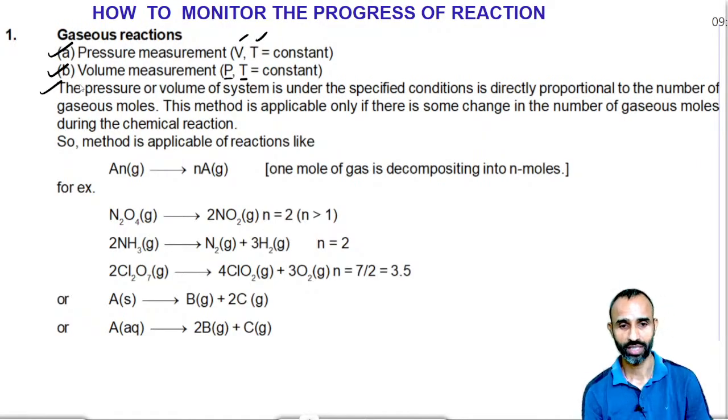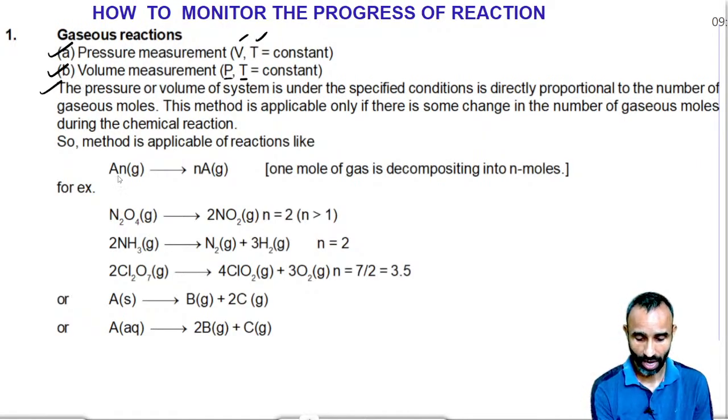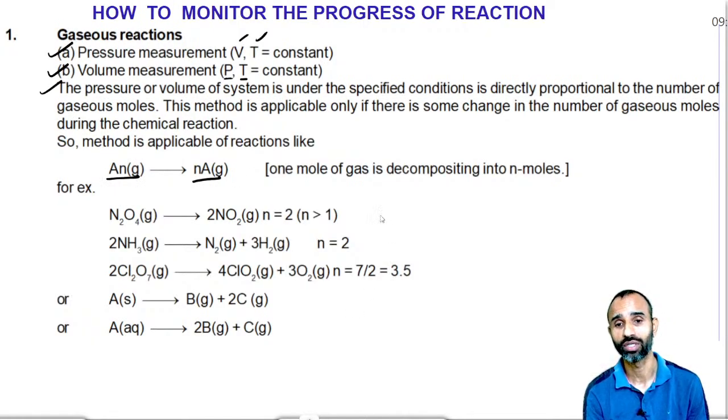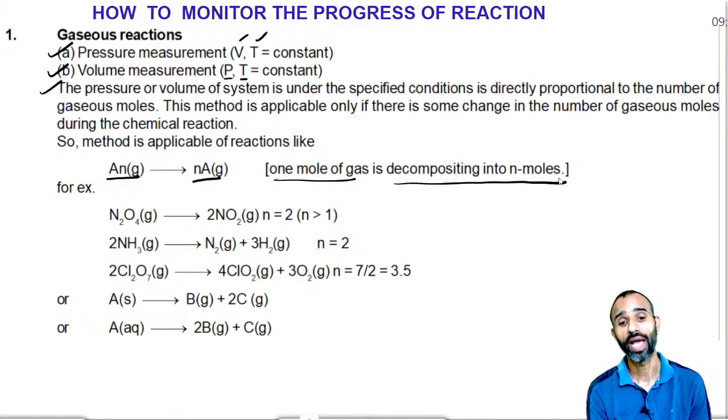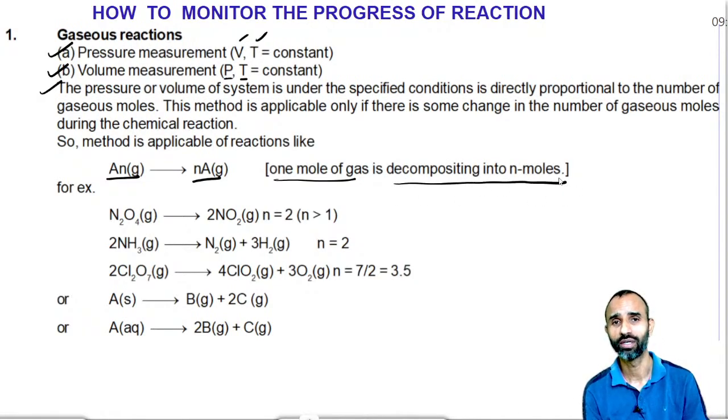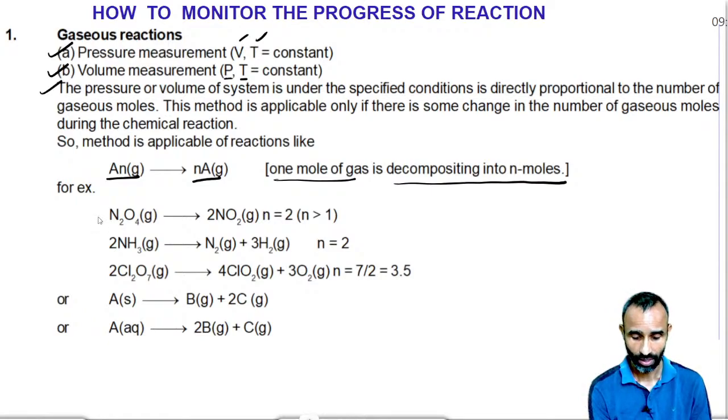So the method is applicable like this. If we have A gas to give nA gas, 1 mole of gas changes into n moles. There should be a change in gaseous moles. Like in the second case, N2O4 to give 2NO2 gas. 1 mole changes into 2 moles.